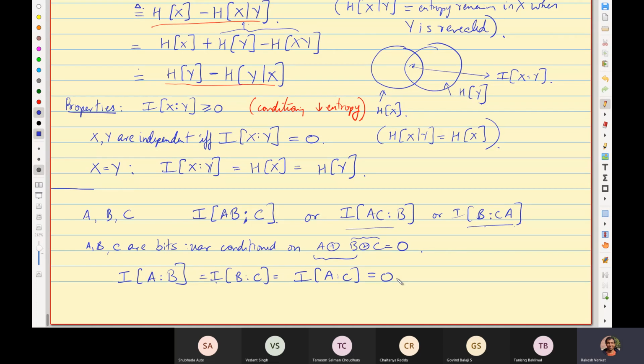However, if you add the third variable into this mix, what happens? In this case, I'm going to expand out like usual.